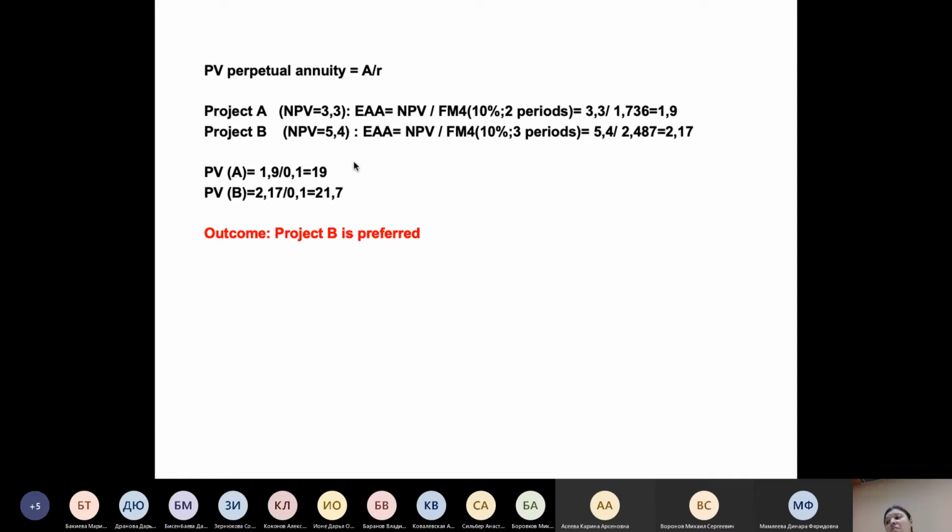And certainly, after placing our projects in the same conditions, as you can notice, project B is more preferable compared with project A. There are 3 main methods of comparative analysis of projects with an equal implementation period, and we started all these methods.